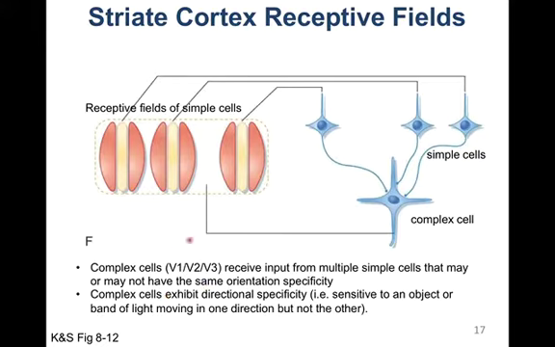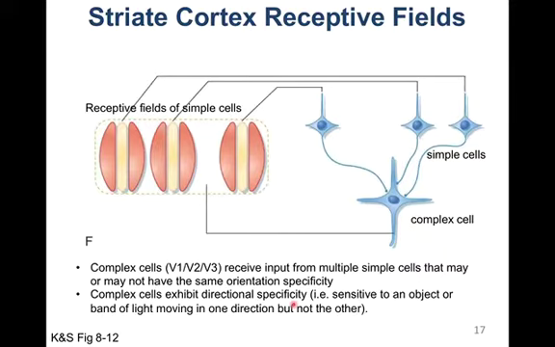You need to know that complex cells, which are found in a number of regions in the visual cortex, V1, V2, and V3, receive input from multiple simple cells that, in this example, have similar receptive fields, but that's not necessarily true. And then hopefully you can imagine how complex cells may exhibit directional specificity in terms of light moving.